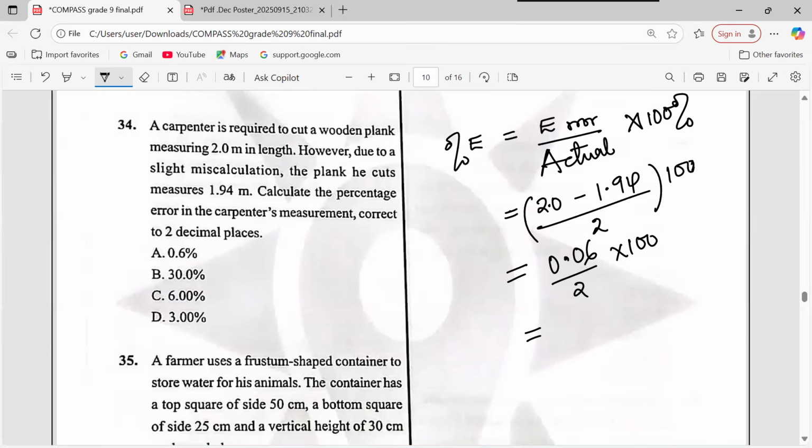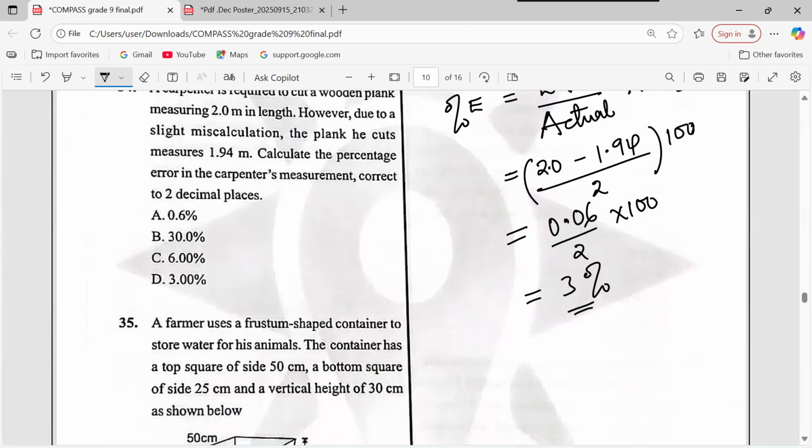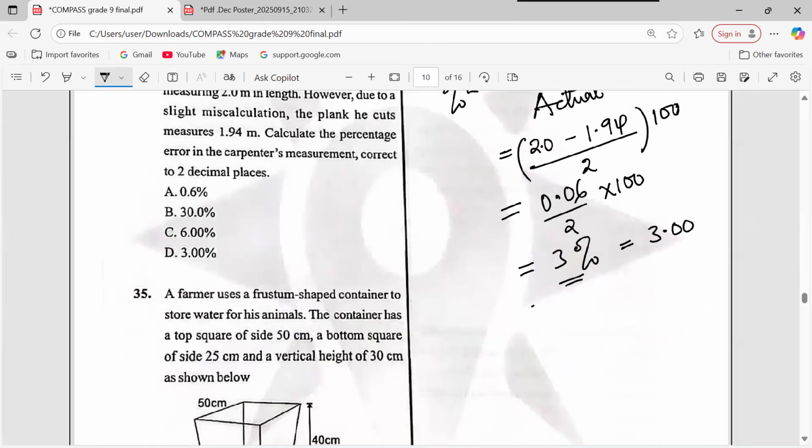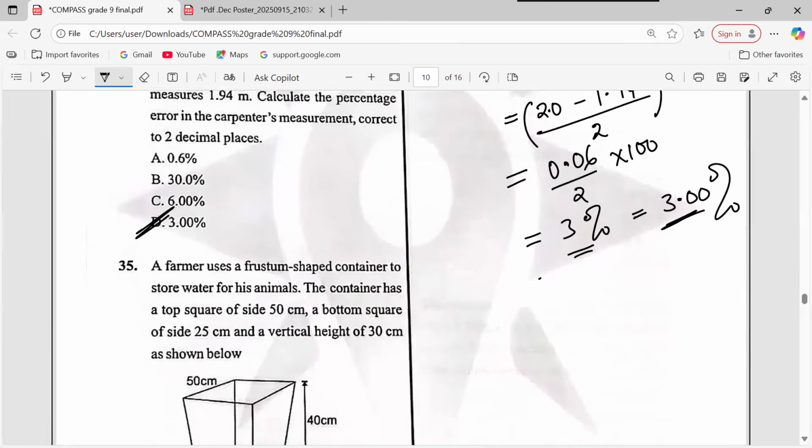So we divide by 2, then we multiply by 100. 3%. Now, getting back to the instructions, we are told 2 decimal places. So to 2 decimal places now, we just introduce decimal places and insert them as zeros. This makes the appropriate choice.